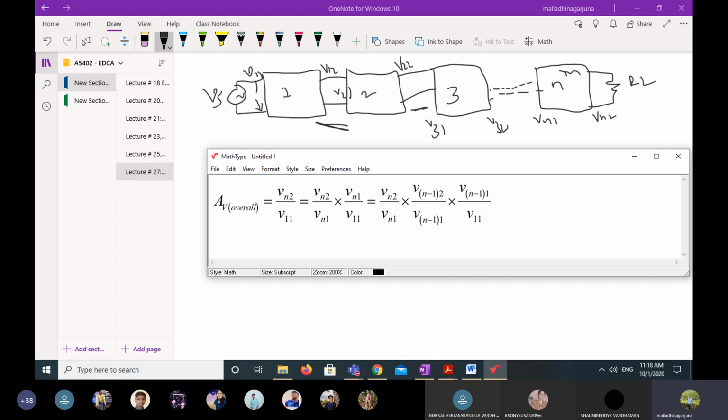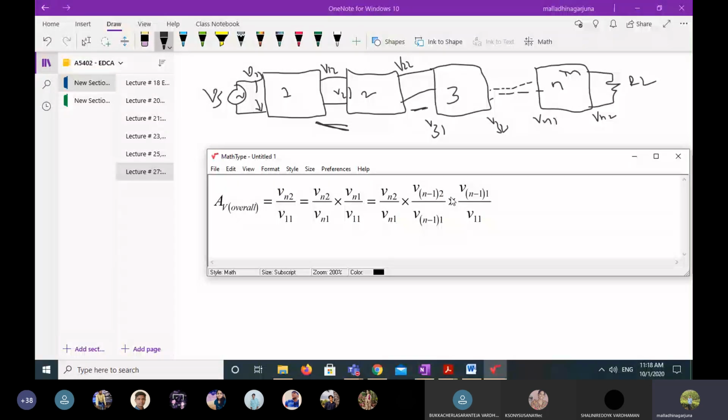So the stage before the nth stage is n minus 1. The n minus 1 stage output is equal to the nth stage input. Is it clear? I am converting like this. Similarly, now let us come here.